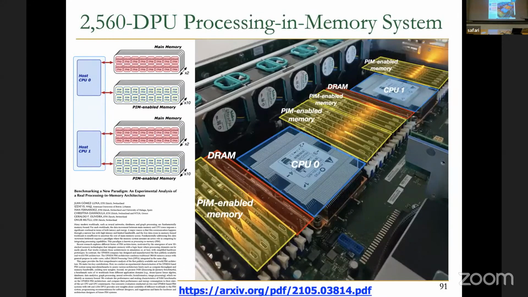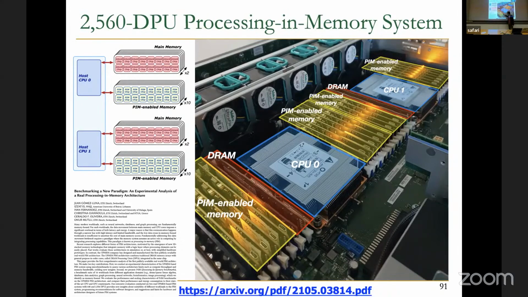We have worked with this UPMEM PIM architecture for some time already, and this is one of the systems that we have access to. As you see, it's a dual socket CPU connected to the memory channels. There are DRAM DIMMs because the system still contains traditional, standard main memory.